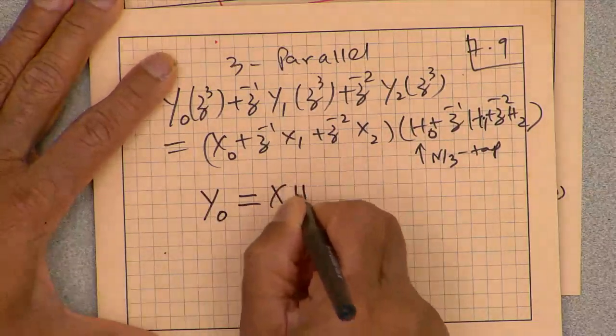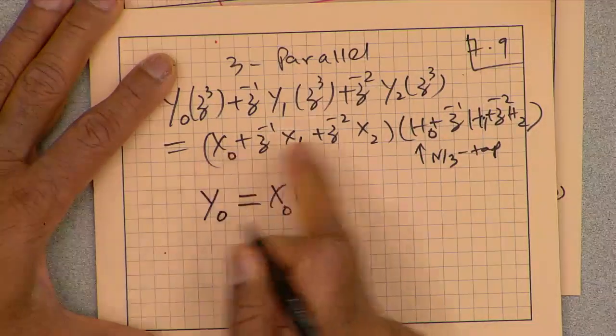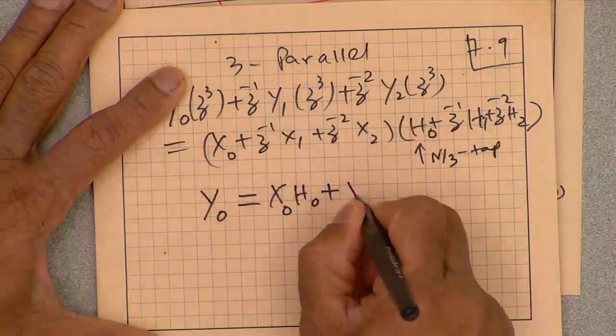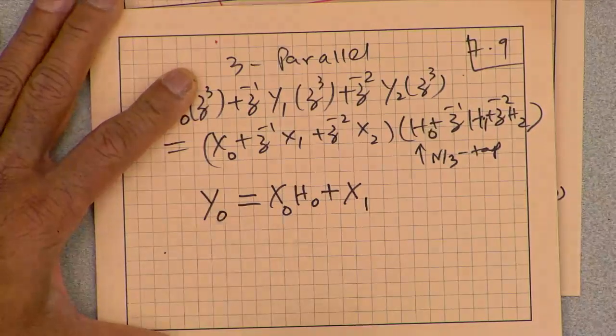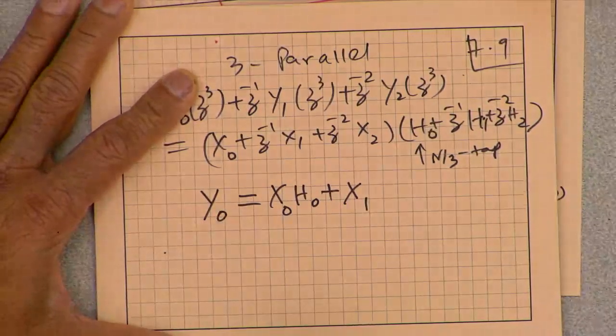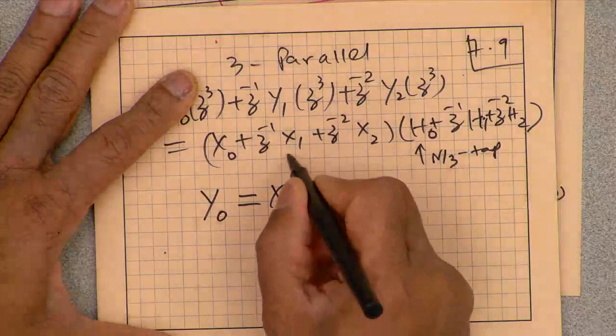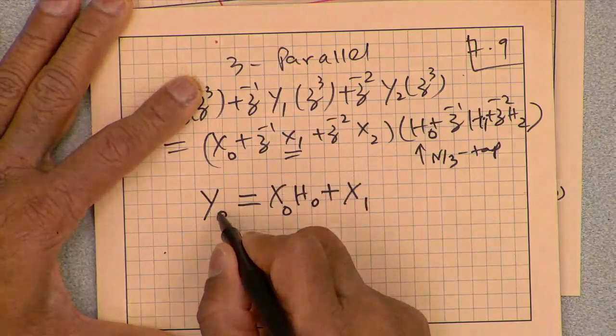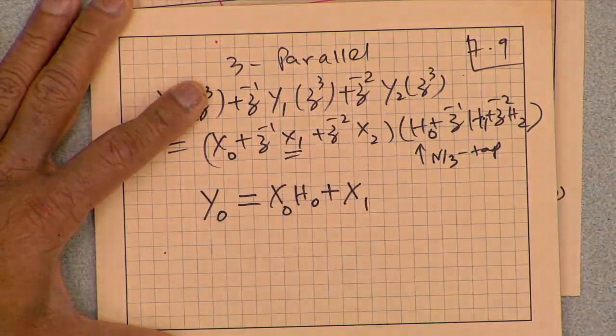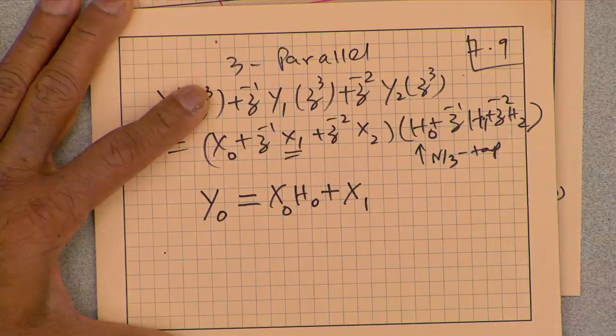equal to x0 h0. Okay, that's the first term, plus what will be the x1 term that will group with the third polynomial? Any thoughts? Which of these products will match with y0? Any volunteers? x1 h2. Yes, x1 h2.